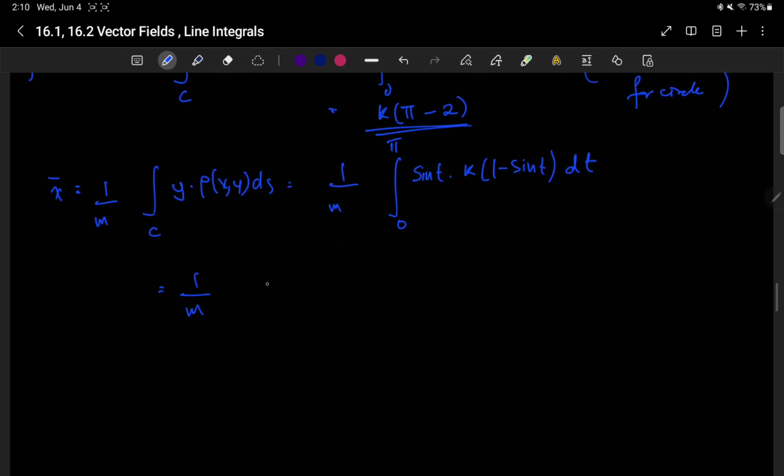So that's 1 over m, or k over m, and an integral from 0 to pi of sine t minus sine squared t dt.